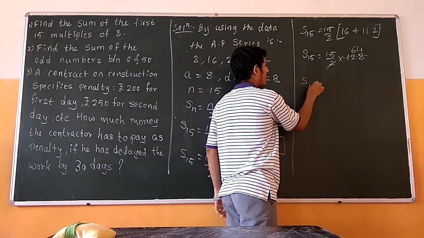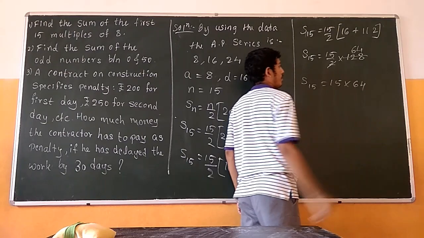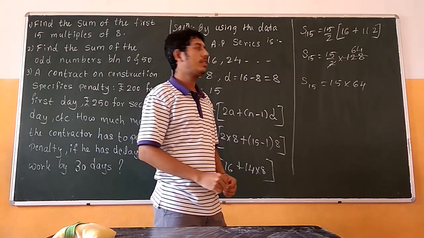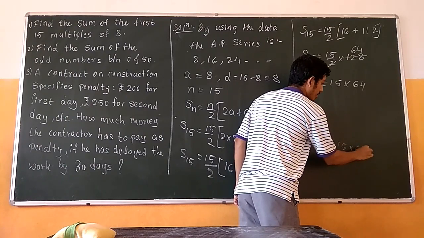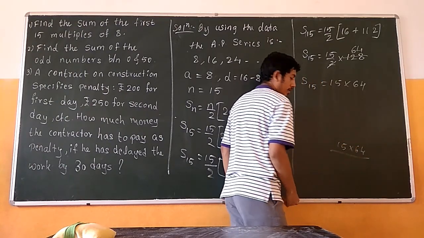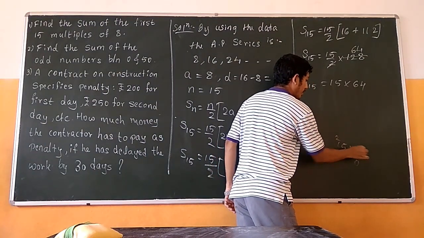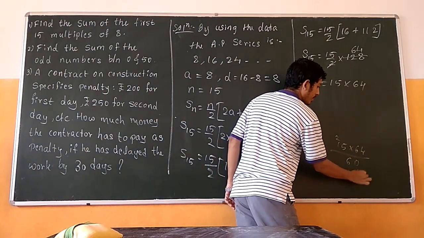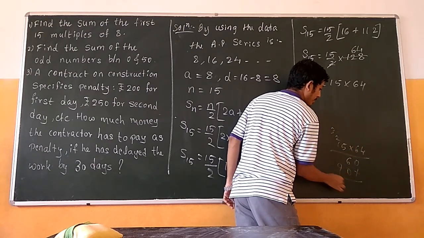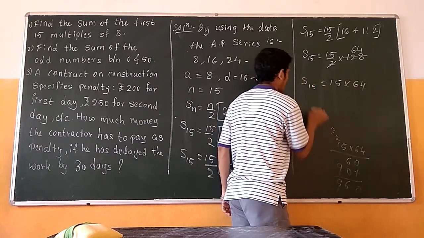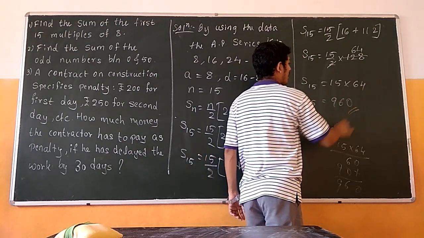Therefore S15 equals 15 into 64. 15 into 64: 6 fives are 30, 6 ones are 6, 7, 8, 9, and 0 and 6 gives 960. So the value of S15 is equal to 960.